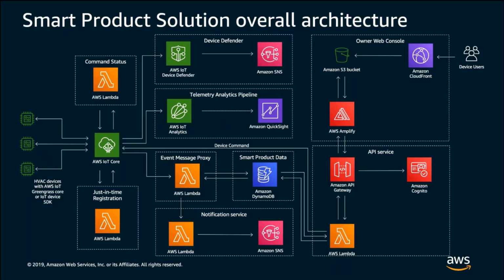The web console can be used by the device owners to manage their smart devices. Later, I'm going to show the owner web console demo. Please note that the owner web console is only for the demo purpose, so we don't recommend using this one directly in your production environment because it only supports minimized features to manage smart devices.